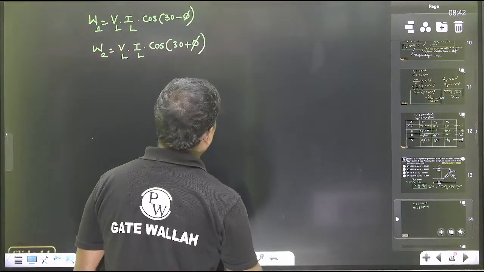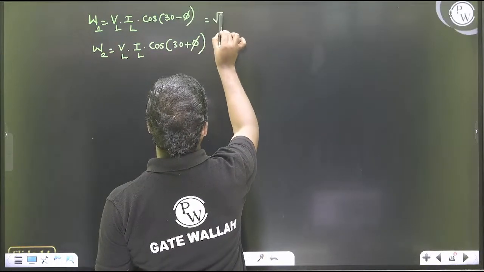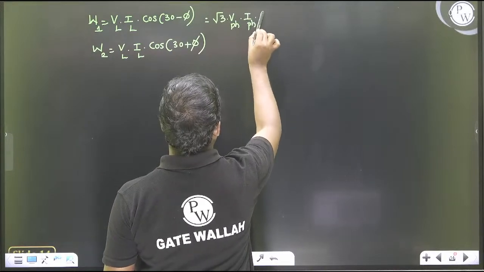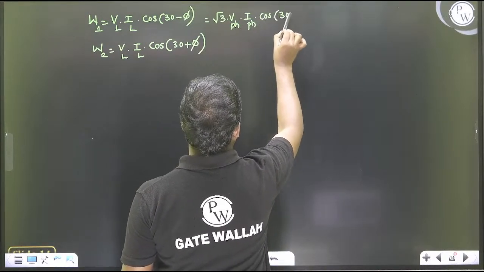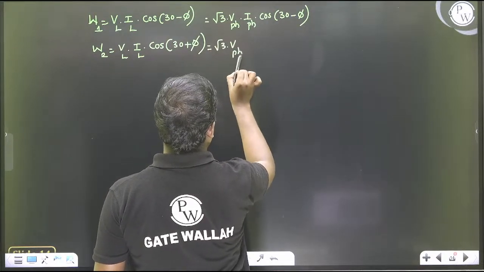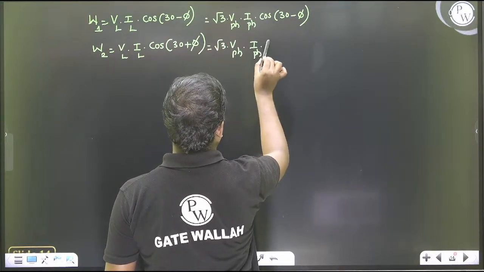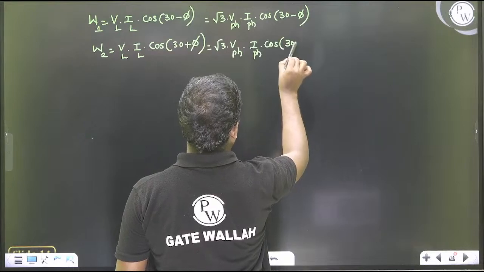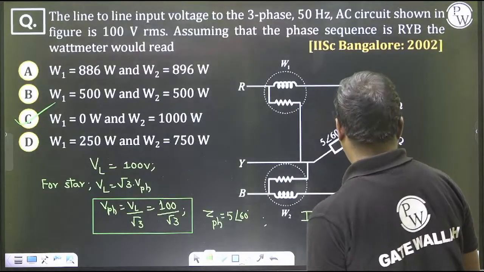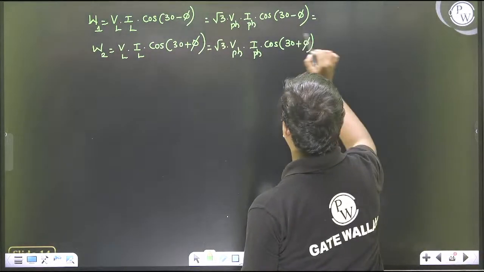So wattmeter 1 का reading क्या होगा? VL is equal to root 3 VPH. W1 is root 3 VPH IPH cos of (30 minus φ), and W2 is root 3 VPH IPH cos of (30 plus φ). So substitute φ is equal to minus 60, substitute करें तो क्या होगा इधर?